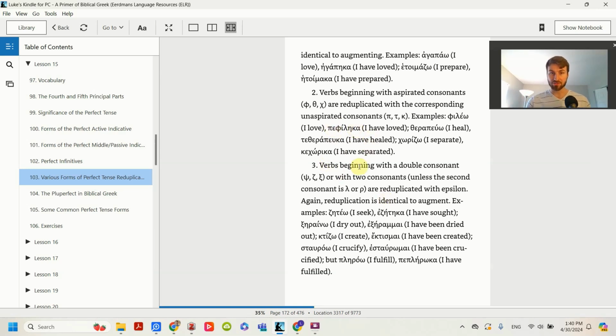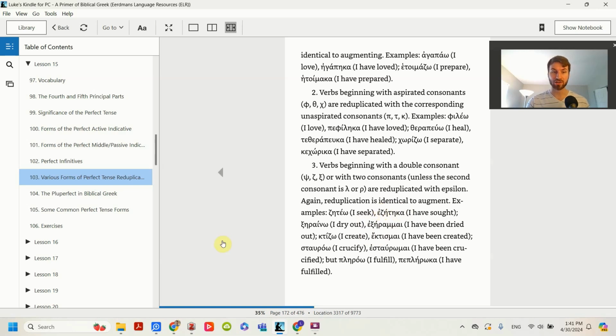And then verbs beginning with a double consonant or two consonants are reduplicated with an epsilon. So psi, zeta, xi. So zeteo becomes ezeteka. And if you come across this ezeteka, what? Why does it have ka with an augment?